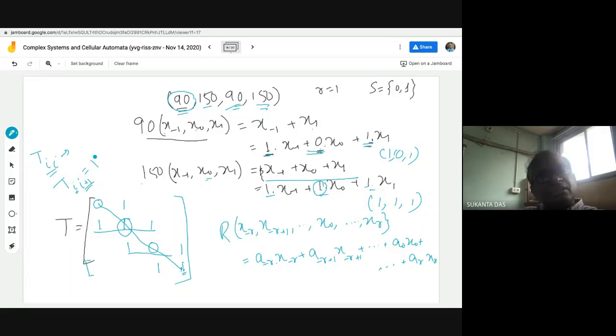In this way, we can interpret this one. So T matrix is also called the dependency matrix. It is also called the dependency matrix.